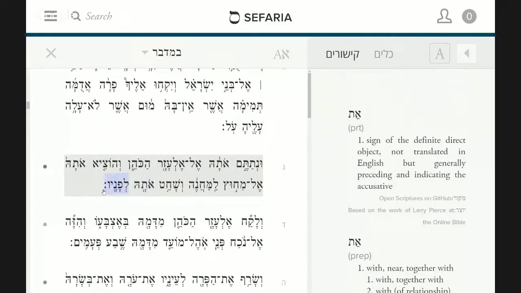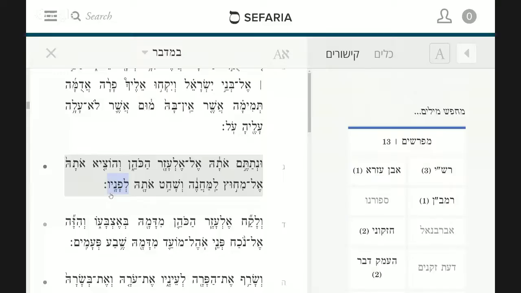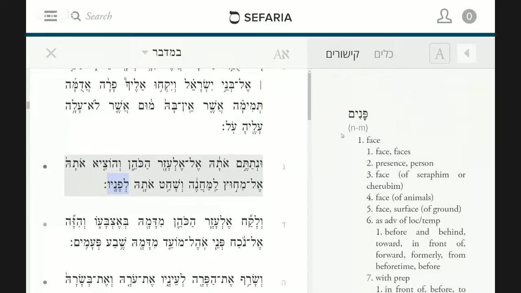And then lifanav. Okay, lifan. I think we've run into this before. You can see that the root of it is panim, which is actually plural. Face is always plural. The actual root is pe nun he, but as a noun, face, you'll never see it singular. Then it's used to mean the presence, and as an adverb, it's of a location or temporal.